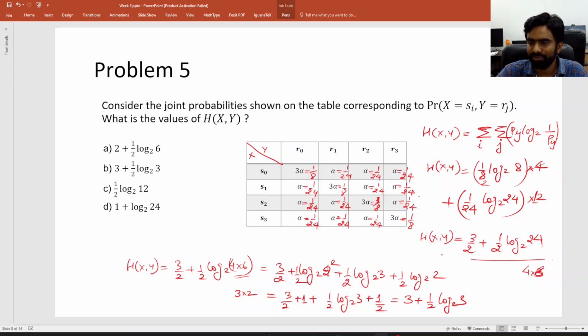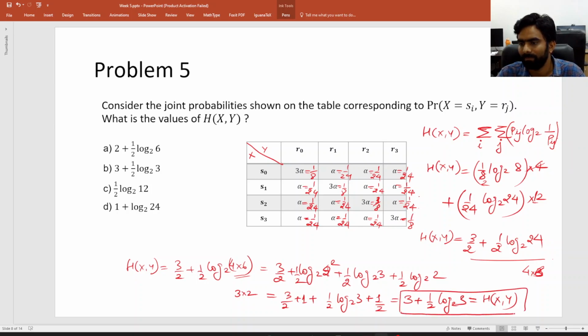So I think it is matching with H(X,Y). It is matching with option P: 3 plus half log base 2 of 3. It is simple, only you have to apply some properties of the logarithm function and solve until you get this form. Or you can also solve with the calculator.